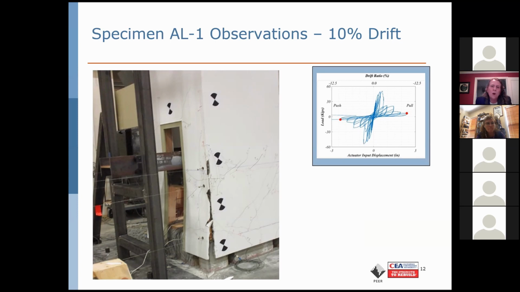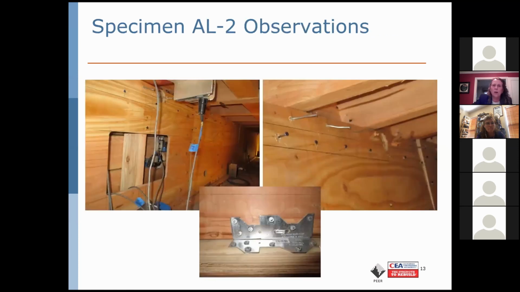As we moved along, we really did beat up those corners, and we started to get the stucco flaring out like a skirt away from the framing. Eventually the stucco was completely detached, and we had leftover horizontal wood sheathing underneath that gave us residual capacity. So we stepped through that.